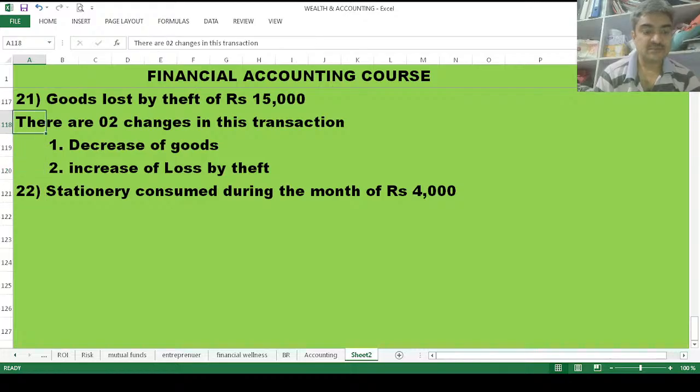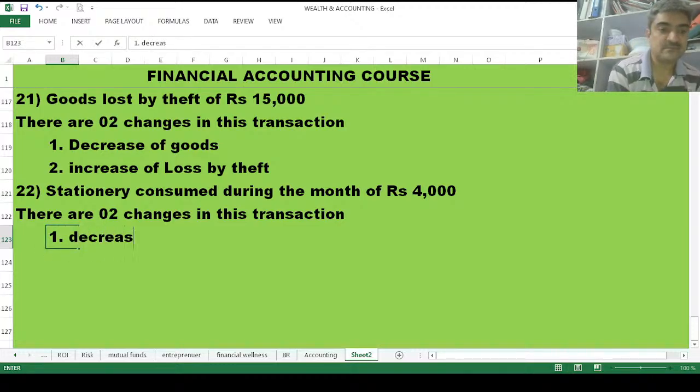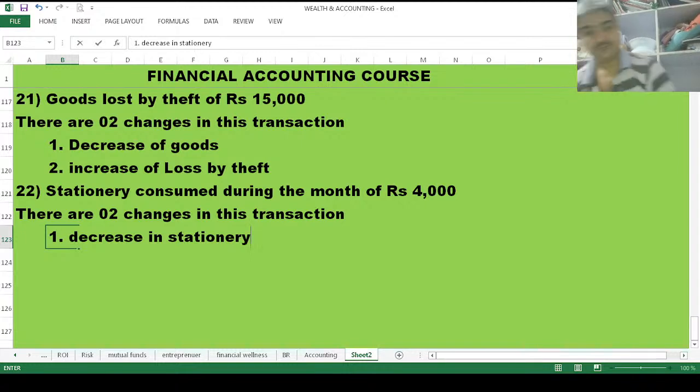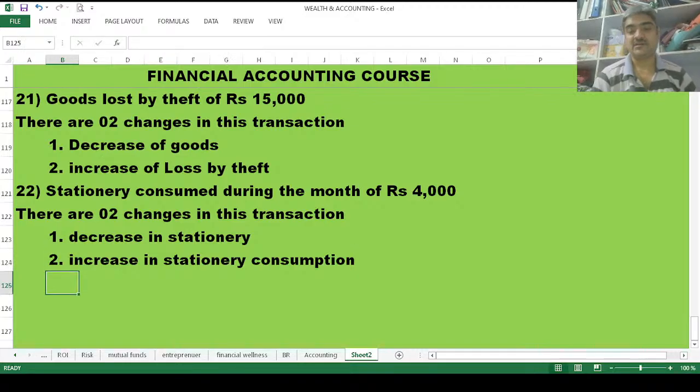This transaction also has two effects. Number one is decrease in stationery asset, and number two is increase in stationery consumption, which is an expense item.